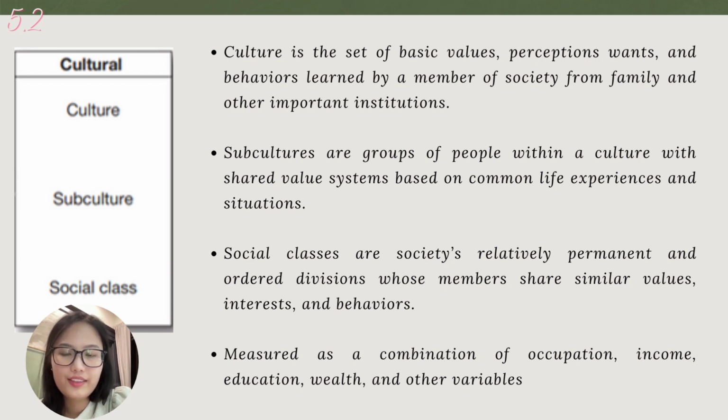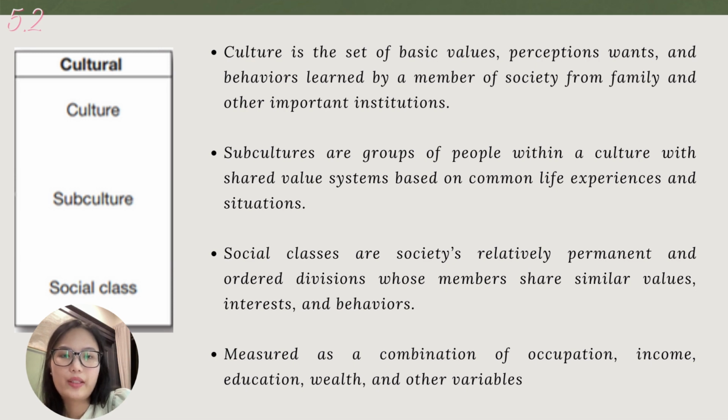This slide is about culture. We have culture, subculture, and social class. There are definitions. Culture is a set of basic values, perceptions, wants, and behaviors learned by a member of society from family and other important institutions. Next are subcultures.